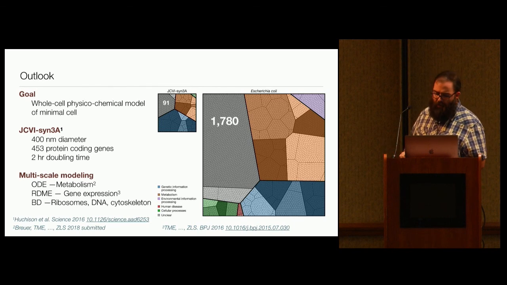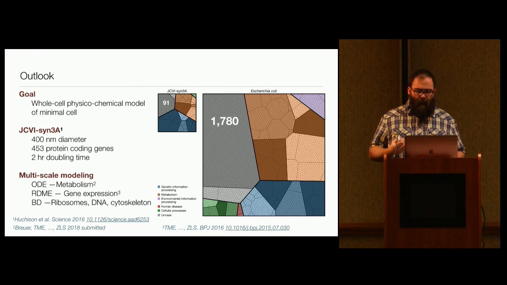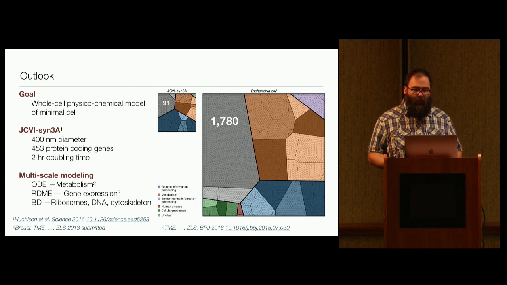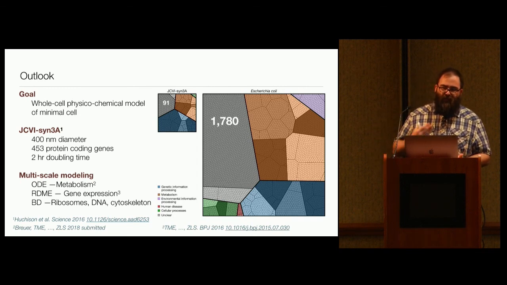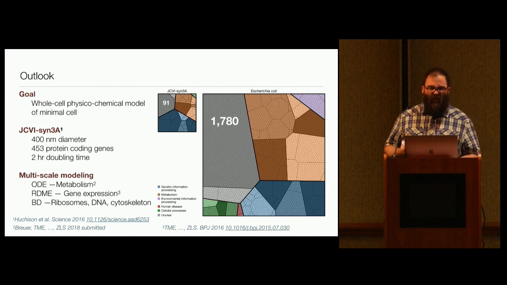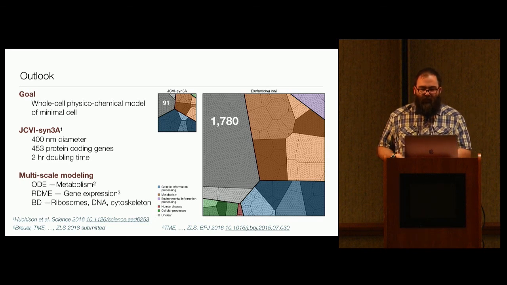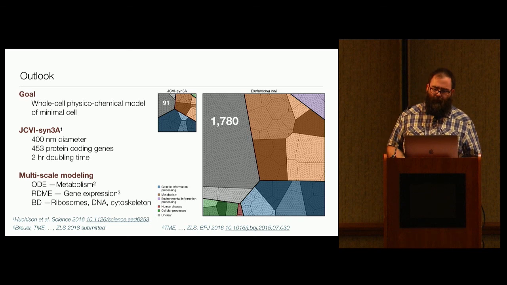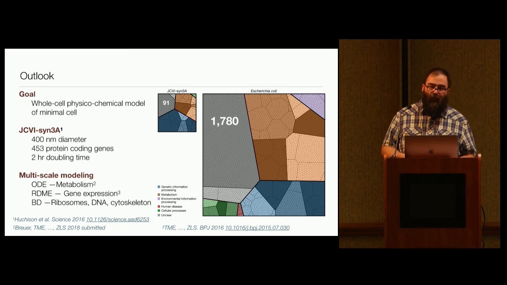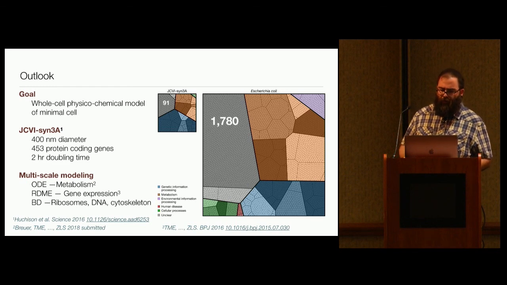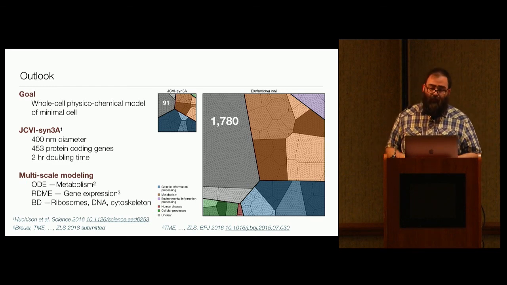The Craig Venter Institute has created this synthetic cell based on Mycoplasma mycoides, and they systematically removed genes from its genome until they were left with about 450 some odd protein coding genes. But at the same time, it's still able to grow robustly in a rich media with a doubling time of 2 hours, which makes it a really useful experimental type model while being incredibly simple at the same time.